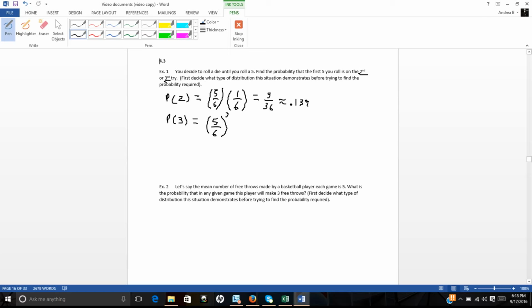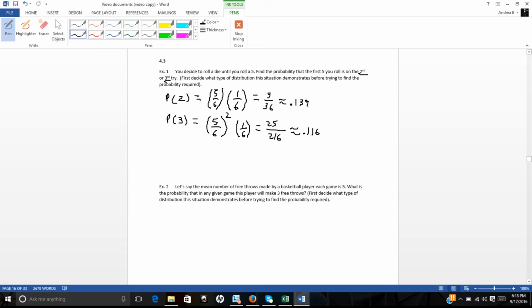In this case, there were 2 failures first, so we do 5/6 to the second power times 1/6 for the third try being the success. If we multiply that out, we get 25 out of 216, or as a decimal, about 0.116.